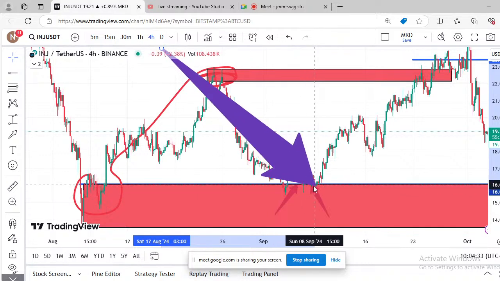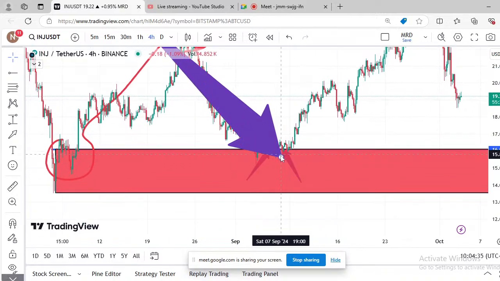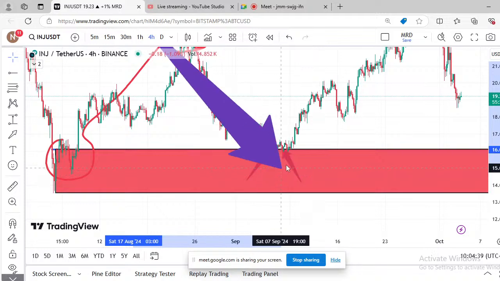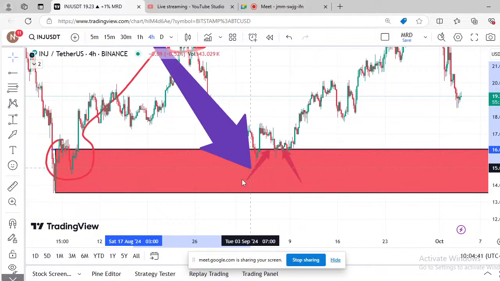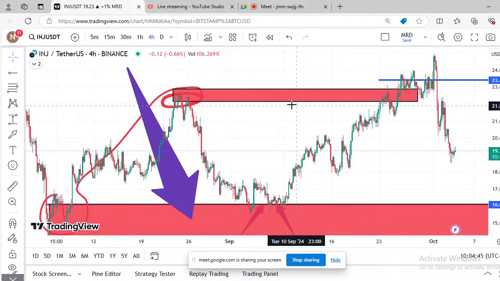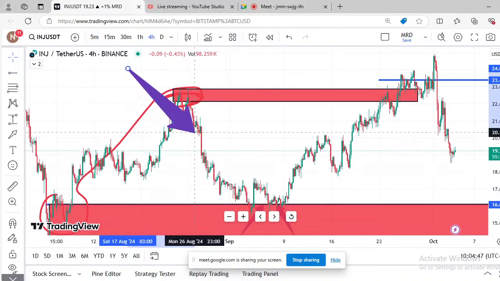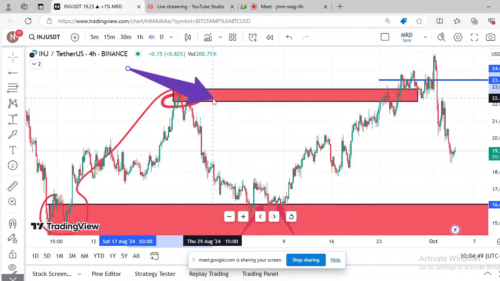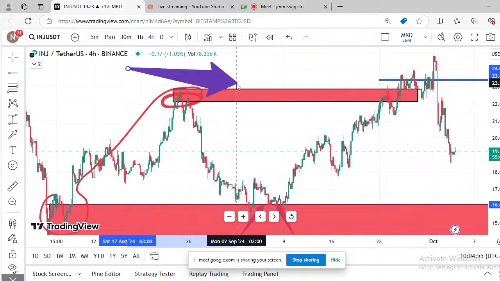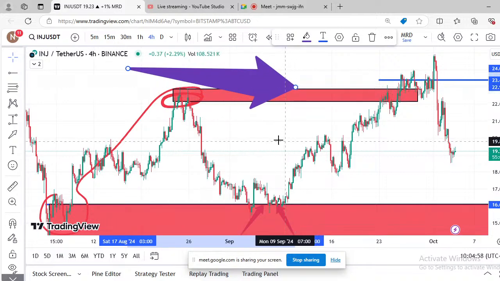So whenever we fail to break this discount level, automatically the market will start changing the direction, and the target will be the previous high. Are we getting that? When you see market rejecting this zone, the target will be previous high.